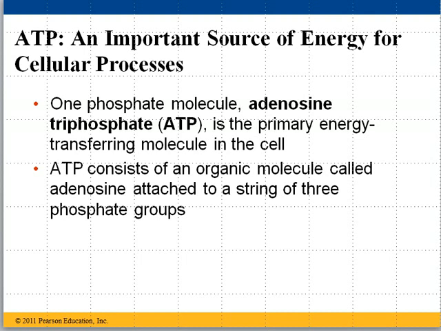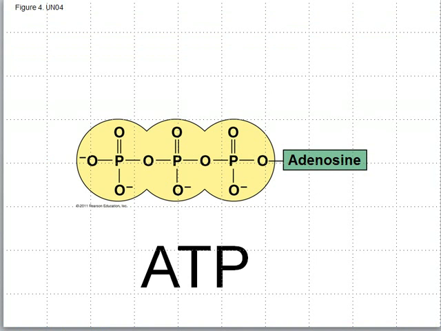ATP consists of an organic molecule called adenosine, and then it has attached to it 3 of these phosphate groups. So here's a very simplified model. They didn't even go in and show you what makes up the adenosine. But we have the adenosine attached with these 3 phosphate groups, and that's where we get that name ATP, adenosine triphosphate. And then as part of the cellular activity, when this gets broken down, it becomes adenosine diphosphate.